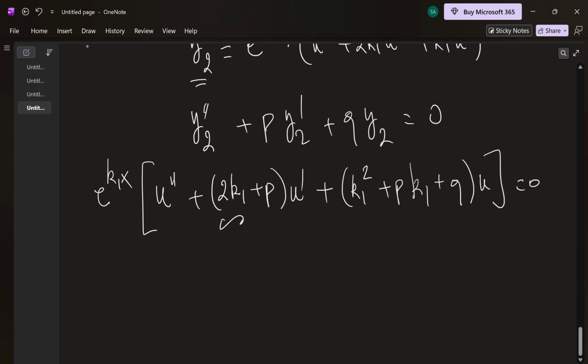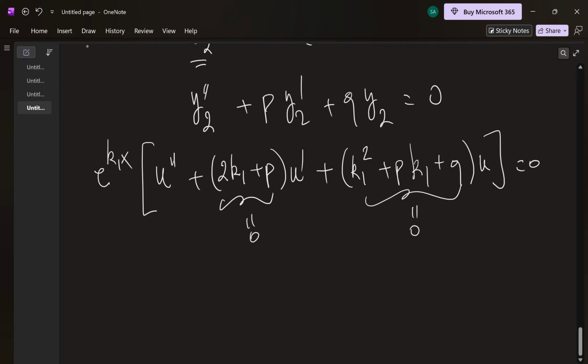But this term here is equal to 0, and this one is equal to 0. Why? Because simply k1 is a double root of the characteristic equation.